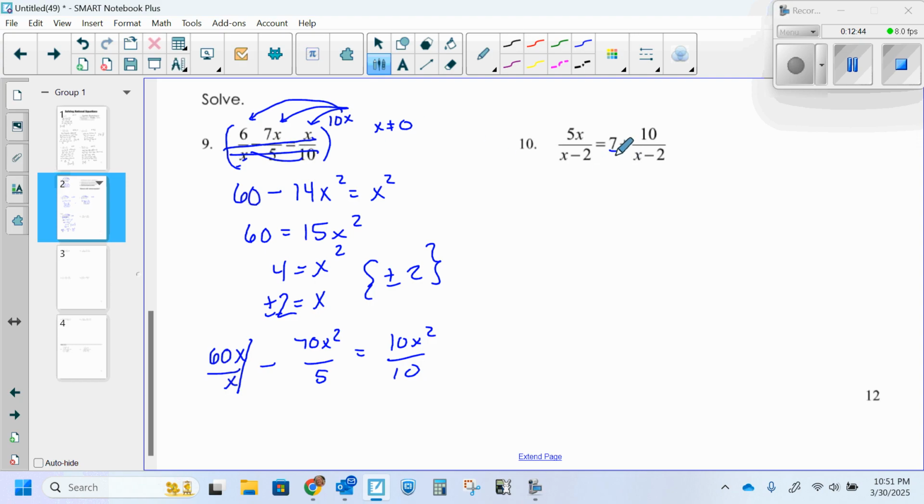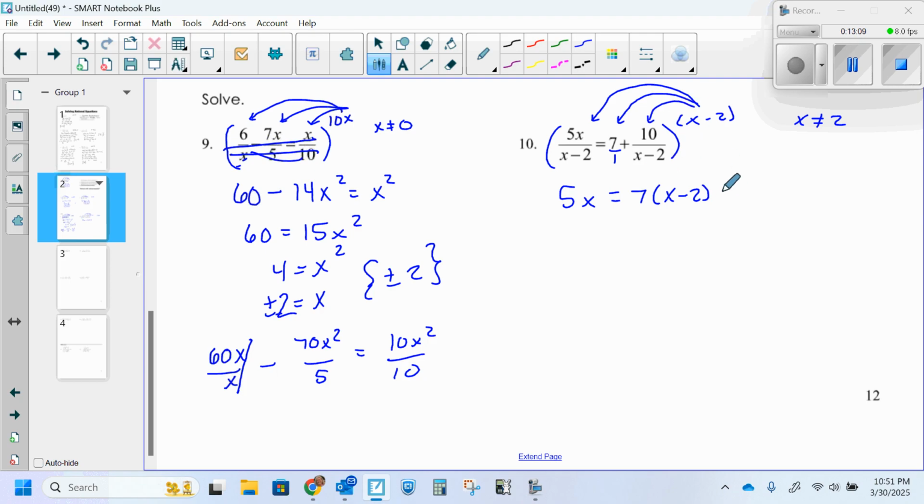Okay, put this over 1. x cannot equal 2. The common denominator of x minus 2, 1, and x minus 2 is x minus 2. So this fraction doesn't change. This one, you're going to have 7 times x minus 2, right? Here, here, here.